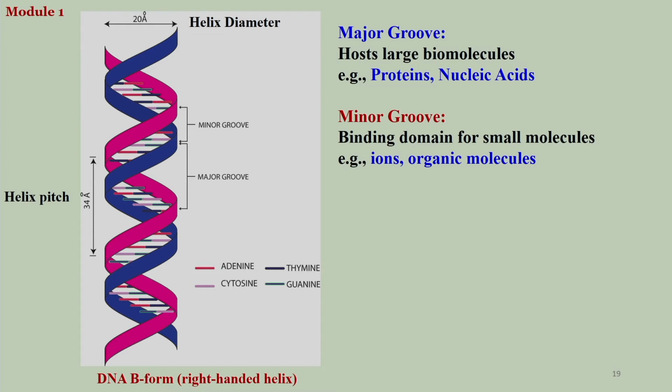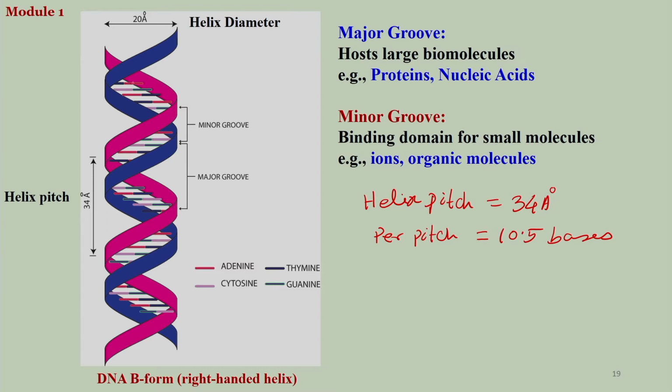This is known as helix pitch, and it is written here, it is about 34 angstrom, and per helix pitch there are approximately 10 base pairs or 10 nucleobases, or exactly 10.5 nucleobases per helix pitch.